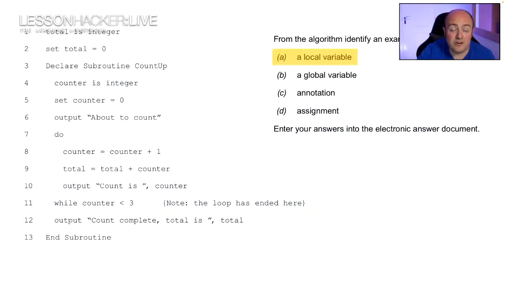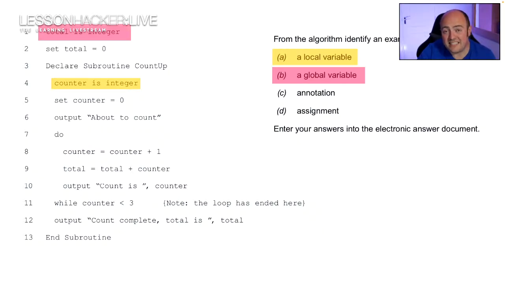Well, a local variable is a variable set within a subroutine. There's me setting a variable in the subroutine. That's a local variable. A global variable is me setting a variable outside of a subroutine. There's me setting a variable outside of a subroutine. Annotation is a note in plain English. There's a note in plain English.